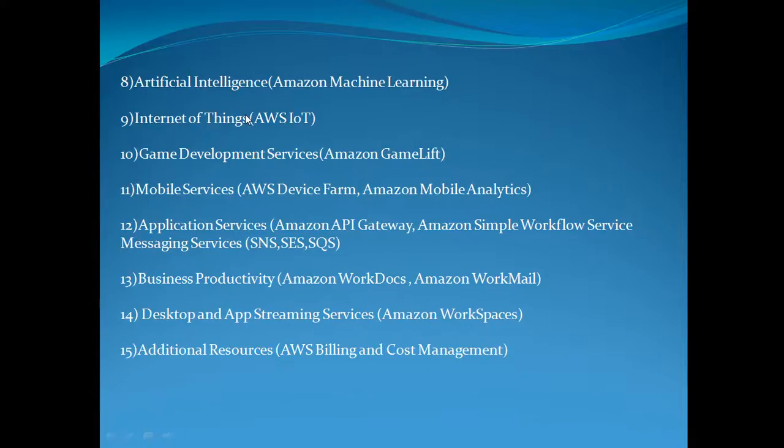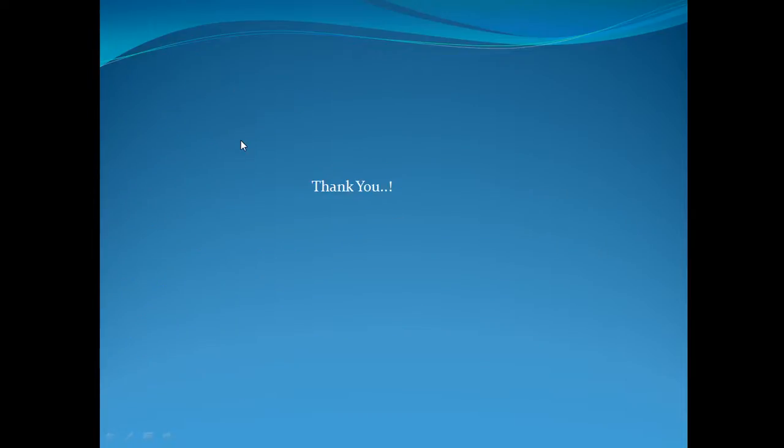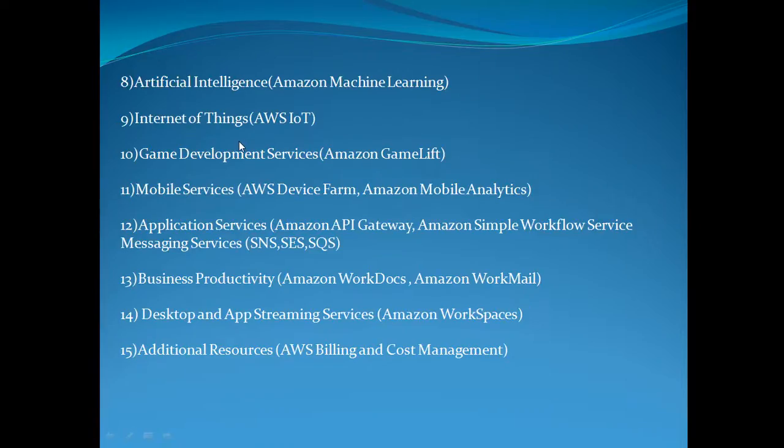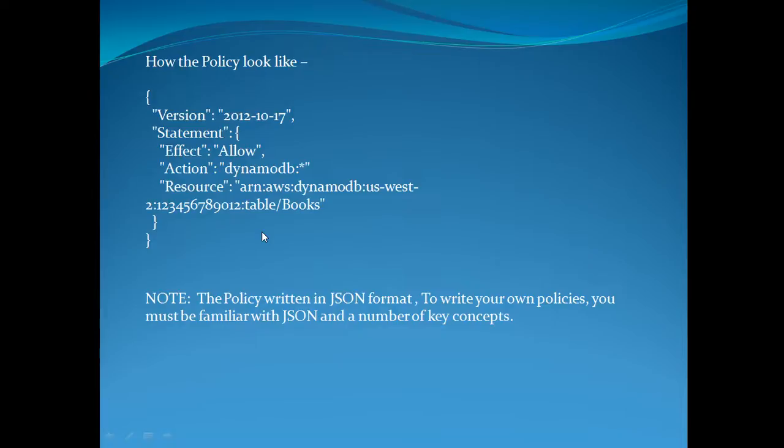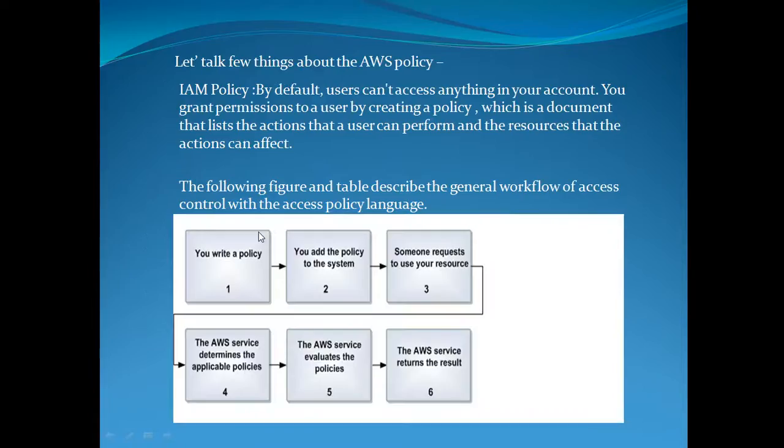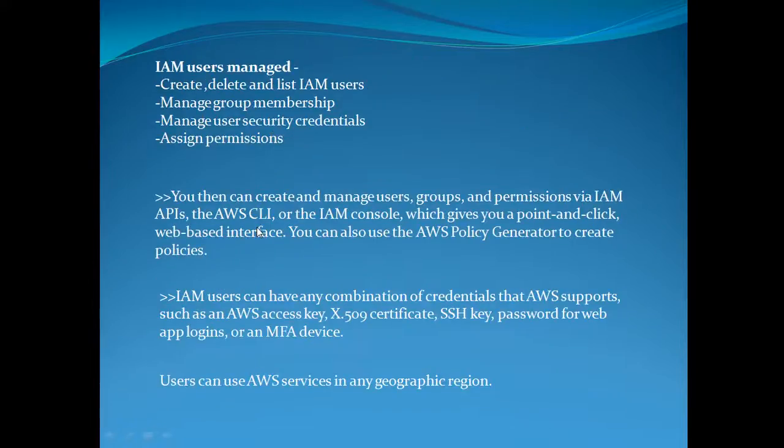You can see there are 15 categories of services, and these services are mostly used with IAM. As you study further or research on this in our further sessions, you can see these are the services. These things you need to understand before going further, because these are very important.